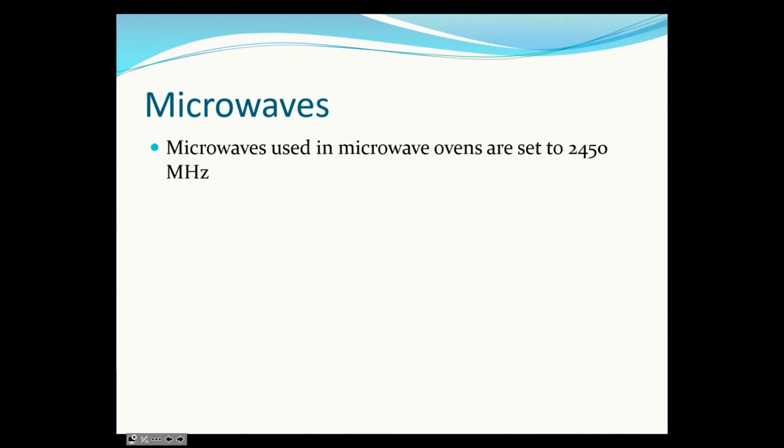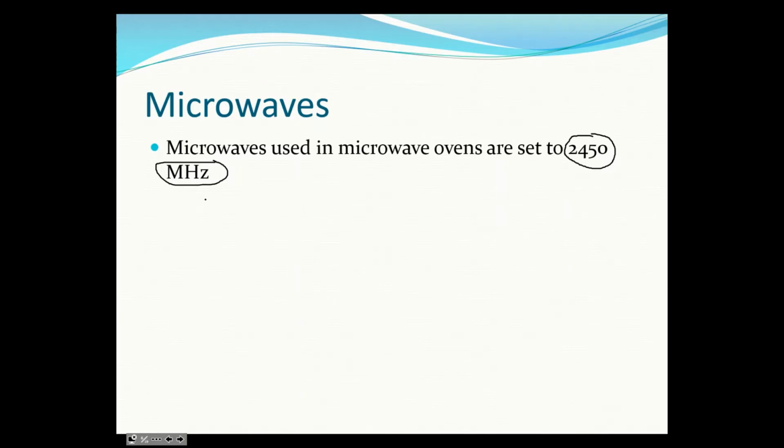Microwaves. So when we think of microwaves, we think of microwave ovens, and microwave ovens are just a specific use for that's in the microwave range. So microwave ovens use the specific frequency of 2,450 megahertz, so times 10 to the 6 hertz.